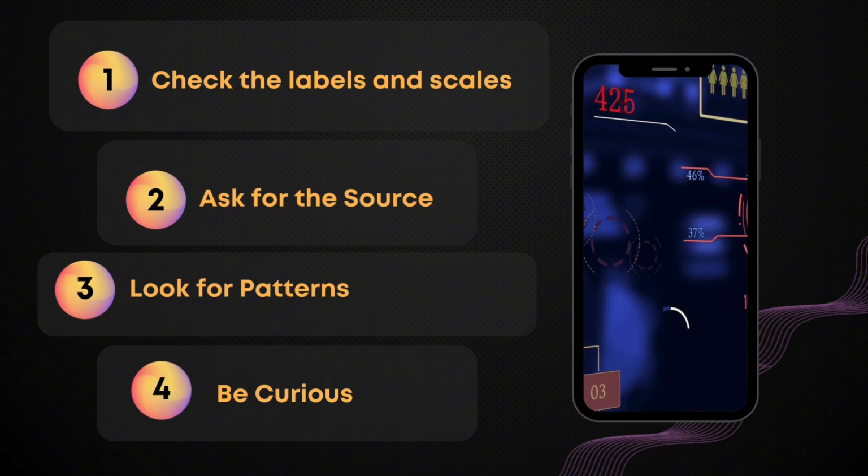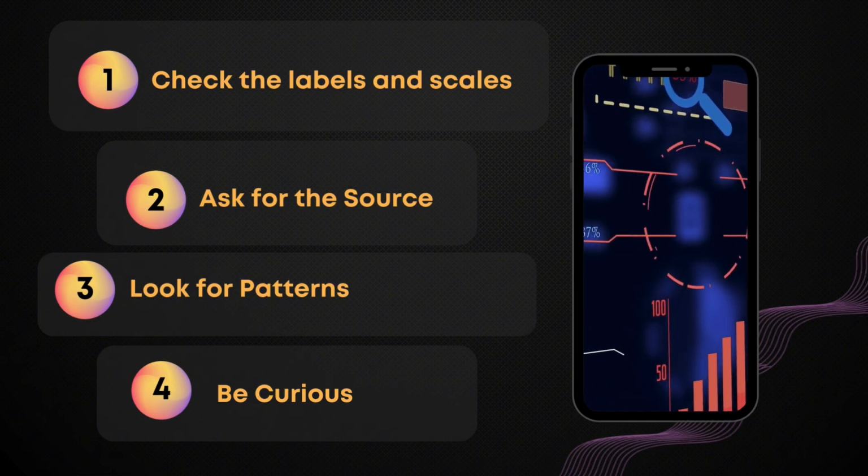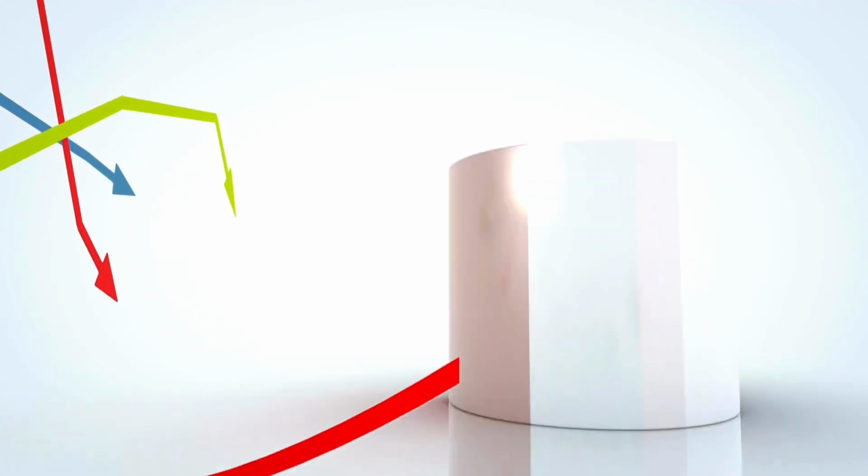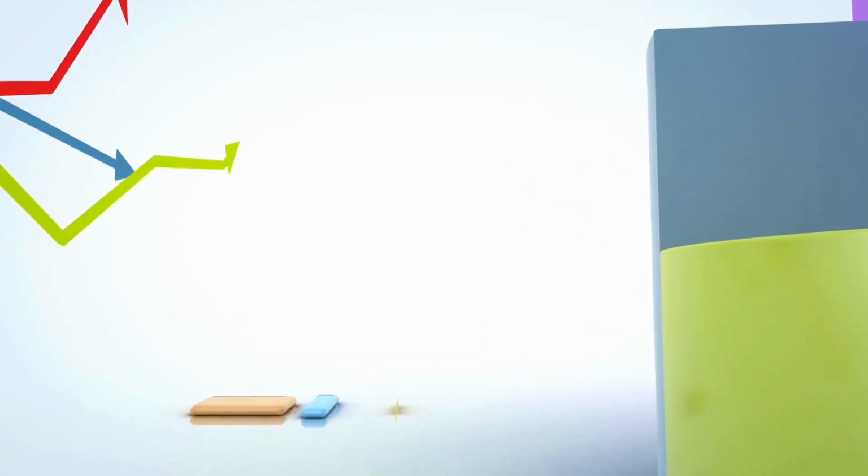Then be curious. Always ask, what's missing here? These steps will help you cut through the noise and focus on the facts. Graphs are a powerful tool, but they are only as truthful as the person creating them. Now you know the tricks and how to spot them. You're better equipped to make informed decisions.